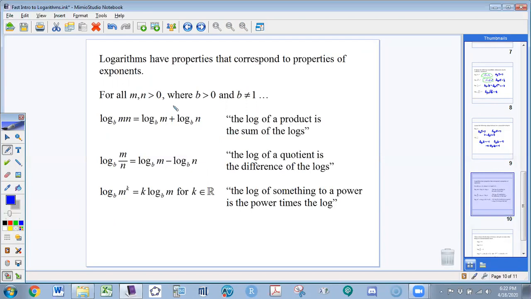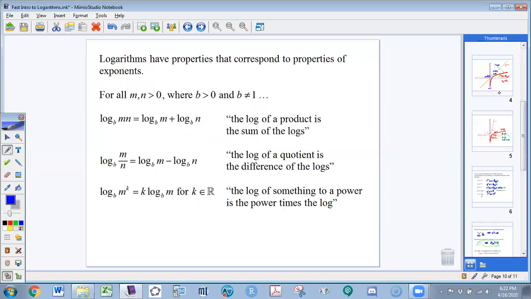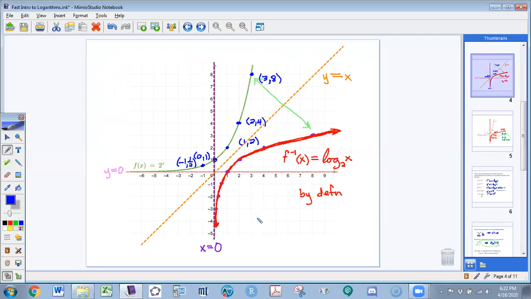For the purposes of this, m and n have to be positive, because one of the things that turns out to be true about logarithms is that the domain of any log function, prior to any transformations, is 0 to infinity.